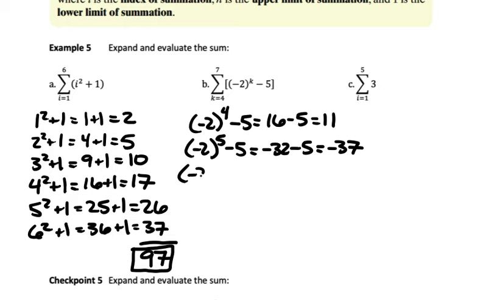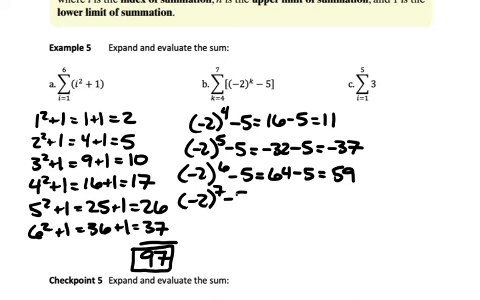We're going to plug in 6, 64 minus 5 is 59. And we'll plug in 7, which is negative 128 minus 5, which is negative 133. Now if we add these four numbers together, 11 minus 37 plus 59 minus 133, that gives us a total of negative 100.